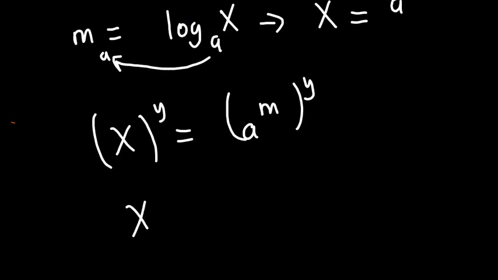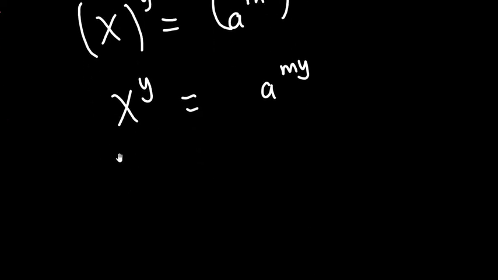So now we have x to the y is equal to a to the m to the y. And we simply have to introduce log base a to every side of the equation.